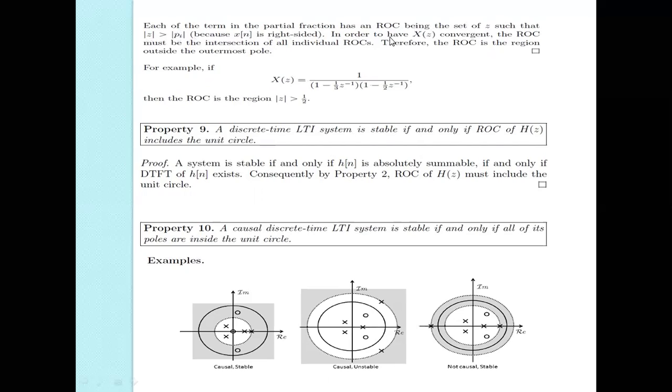In order to have X(z) convergent, the ROC must be the intersection of all individual ROCs. Therefore, the ROC is taken outside the outermost pole. Outside the outermost pole means 1 by 3 is less than 1 by 2, so you can take the outermost pole only, the 1 by 2. Then the ROC is the region z greater than 1 by 2. Got it, my dear students?